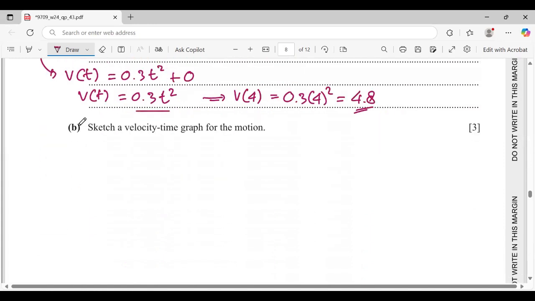So I would like to sketch here. That is the x-axis, this is the y-axis. So from t equals 0 to t equals 4, if 4 is around here, then 4.8 is around here, okay? So it's going to be here.